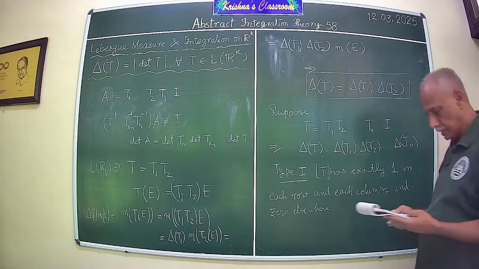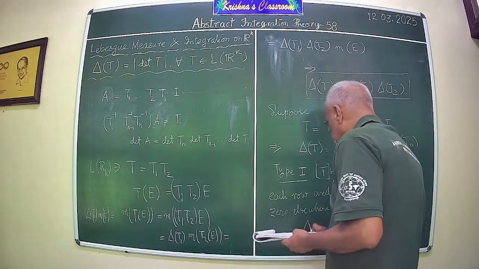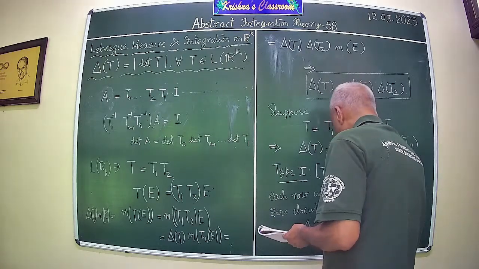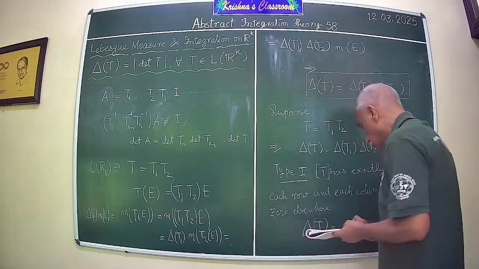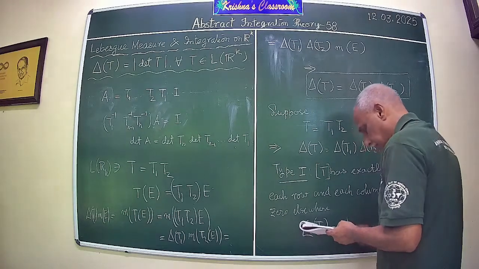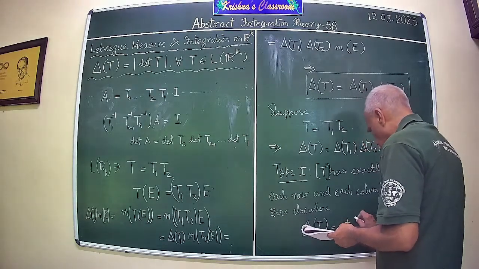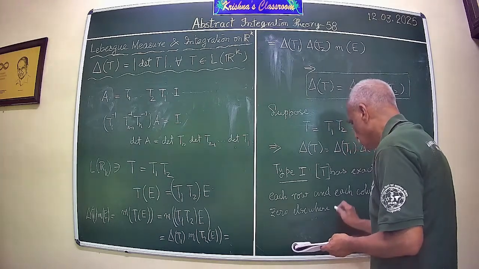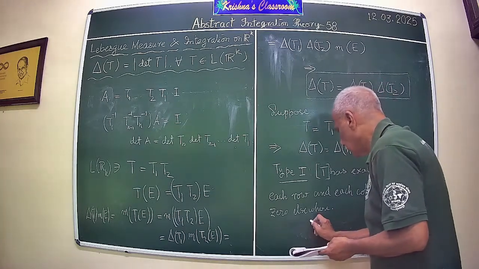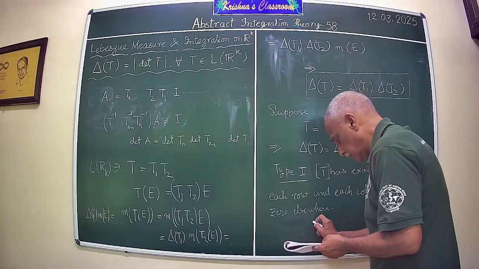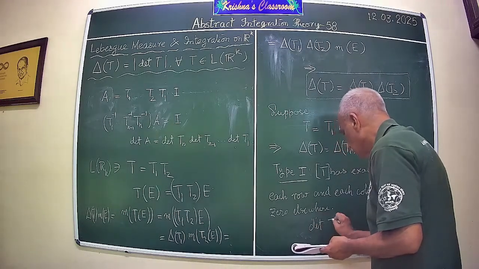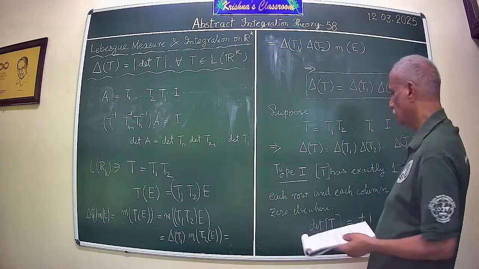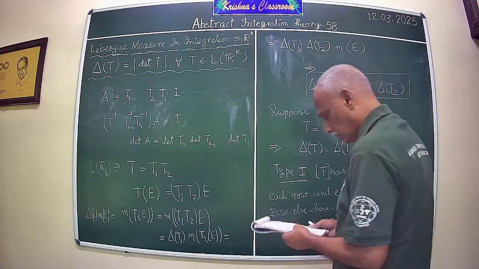Then what happens? Delta T for such a T is equal to plus or minus 1. So the determinant of T is equal to plus or minus 1. What is the consequence?